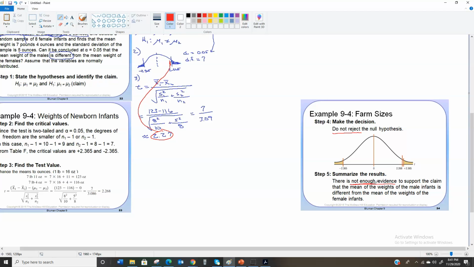Since this is not in the reject region, or the critical region, we do not reject the null hypothesis. That means there is not enough evidence to support the claim that the average weights between the male infants and the female infants are different. We can just assume that they come from a large population of newborn babies. We don't have to think of them as two separate populations.